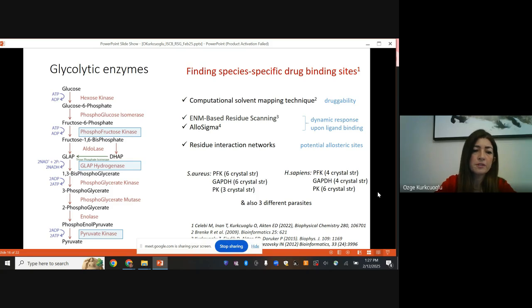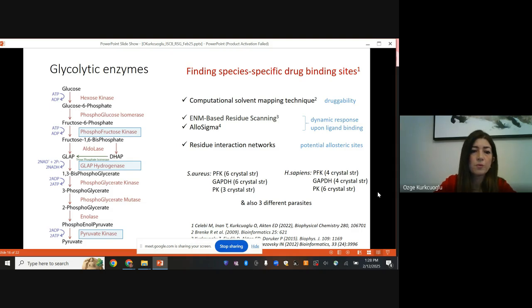For this purpose, we use different computational techniques, and we employed the residue interaction network model to predict the potential allosteric sites. We use the computational solvent mapping technique to assess the druggability of these sites. And we also use elastic network model techniques to reveal the dynamic response upon ligand binding.